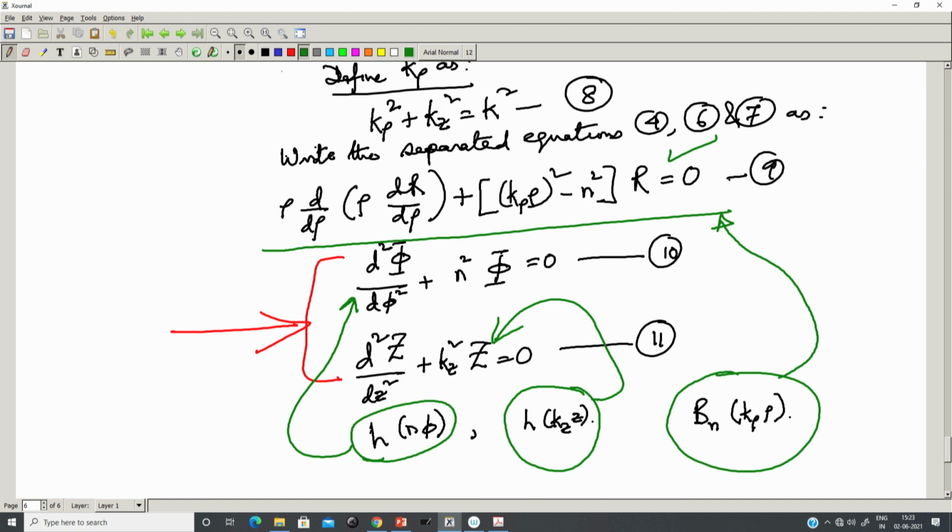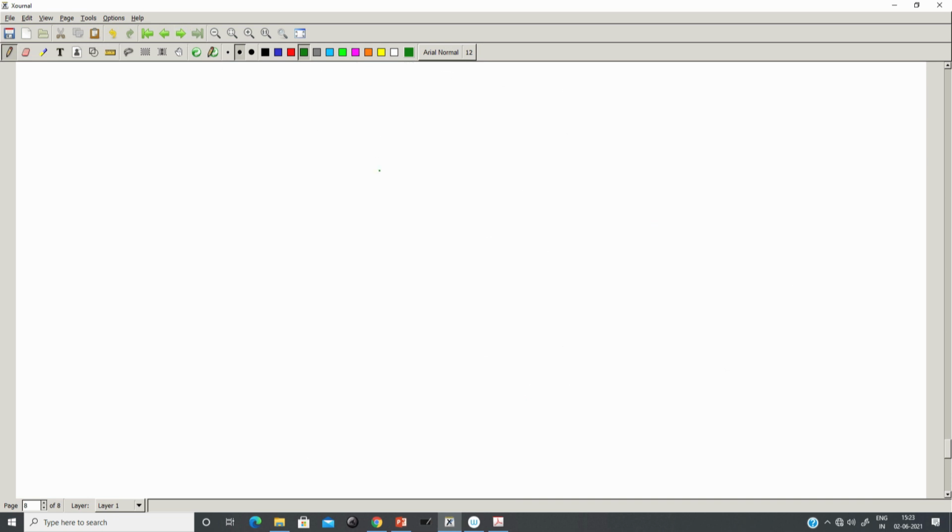let us write down the common solutions to Bessel's equation. B n k rho rho can take the form of J n k rho rho, which is the Bessel function of the first kind, or N n k rho rho, which is the Bessel function of the nth order of the second kind.